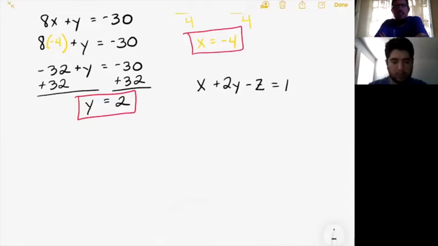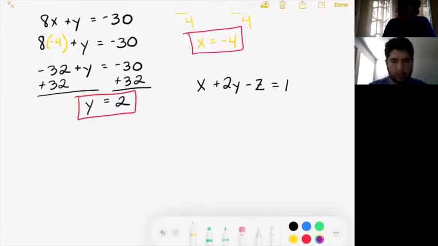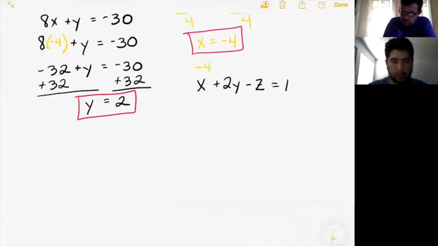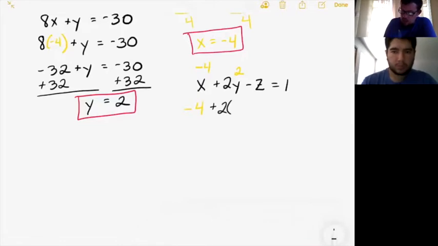So now that I have that done, I'm going to replace the x with 4. Sorry, -4. And I'm going to replace the y with 2. And then I'm going to solve for z. So I'll have -4 plus 2 times y. Y in this case was 2.